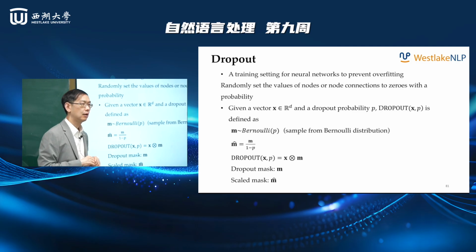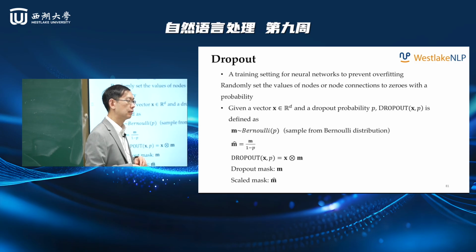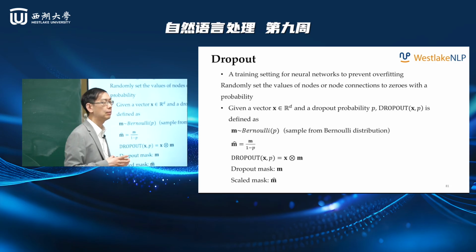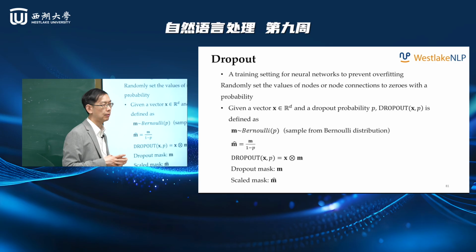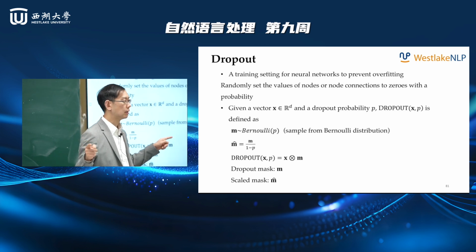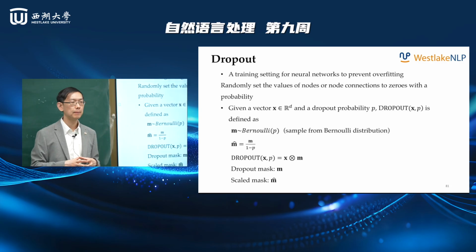I randomly choose a proportion, maybe 0.5, maybe 0.9, maybe 0.1. This is a hyperparameter. I randomly choose this proportion of the 1,000 elements and set them to 0 during training.